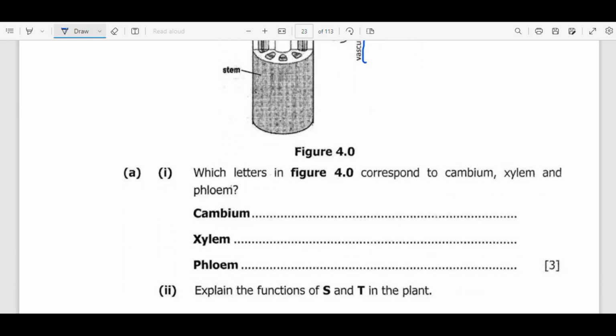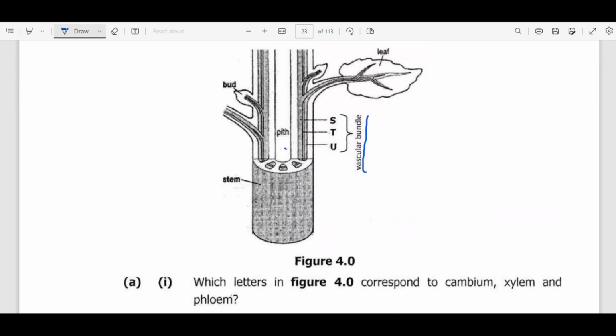So when we look at the cambium, the xylem, and the phloem, we have to identify them. So which one is the cambium? T is the cambium.